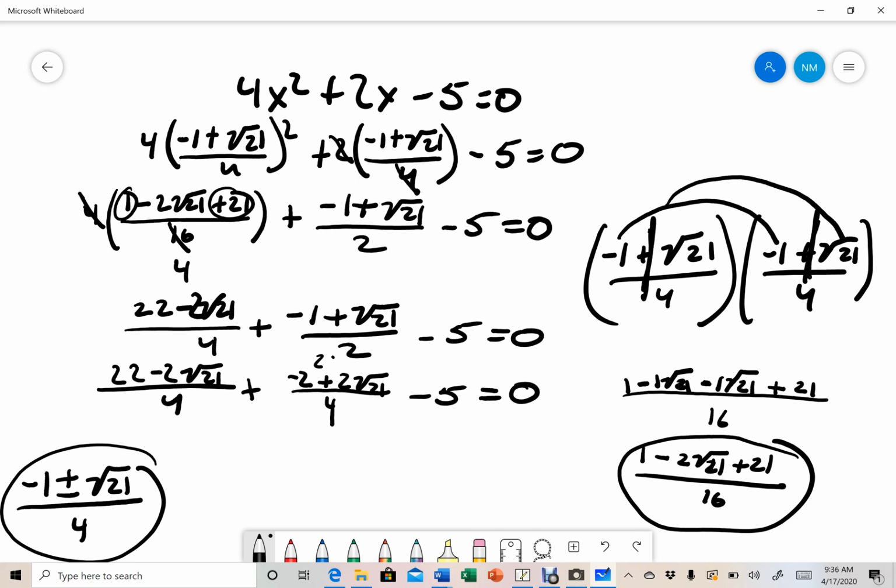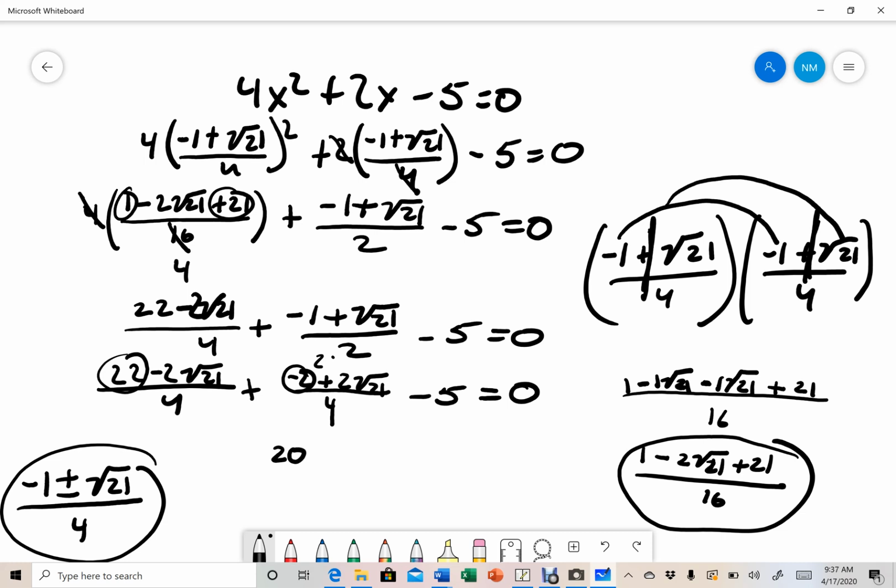So we have to still make sure that our denominators are the same number before we can add these together, okay? So let's add our whole numbers. We've got 22 and a negative 2, that gives me 20.